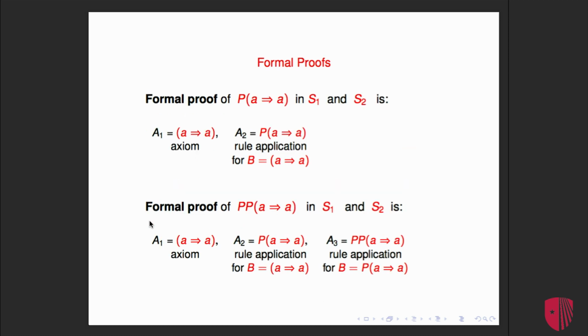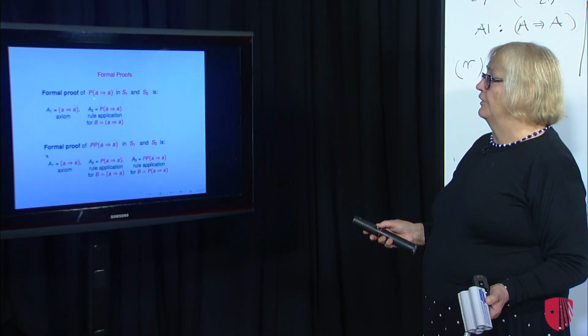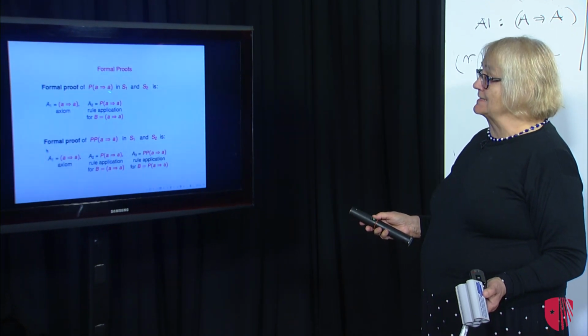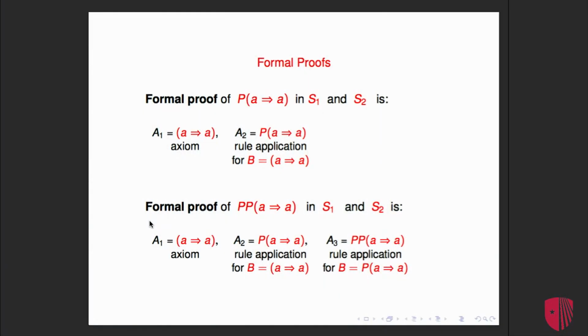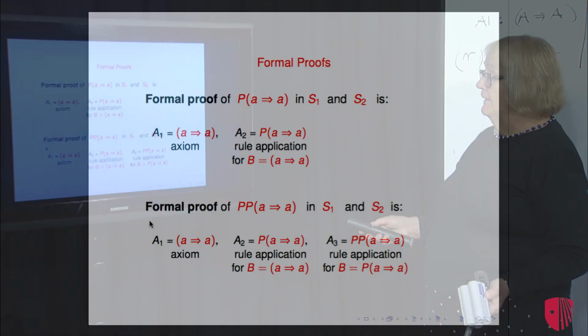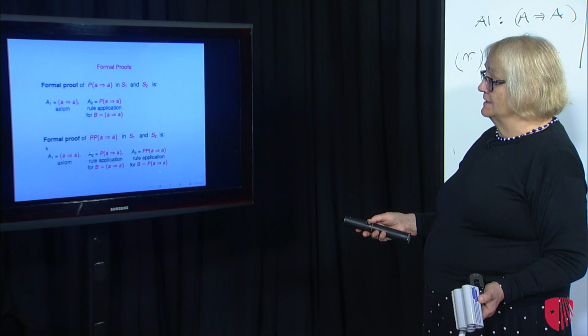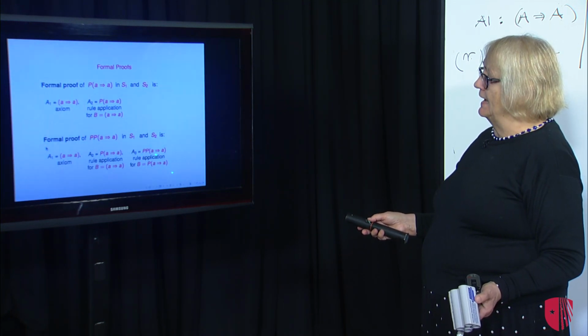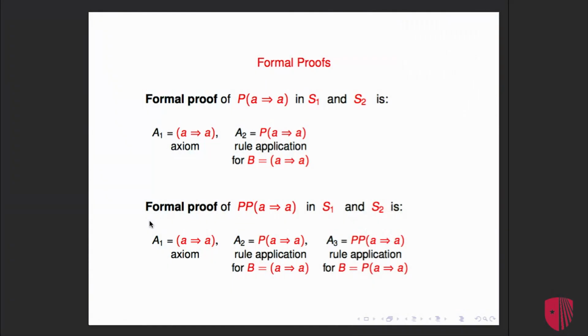And here you have some examples of formal proofs, and you can see how we will be writing the formal proofs. For example, the formal proof of A implies A is the same in both systems, because this is an axiom in S1 and in S2. Then you apply the rule for B equal this, and you have the application. The same, if you start with this, we prove A implies A, and these are the same proofs in both systems.